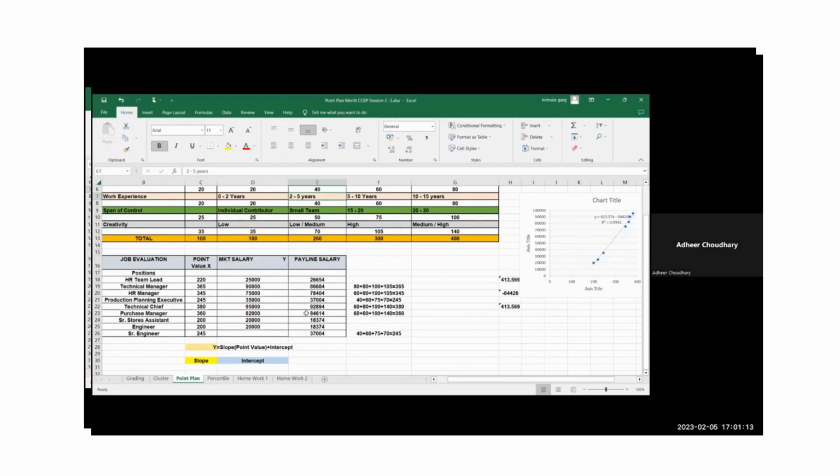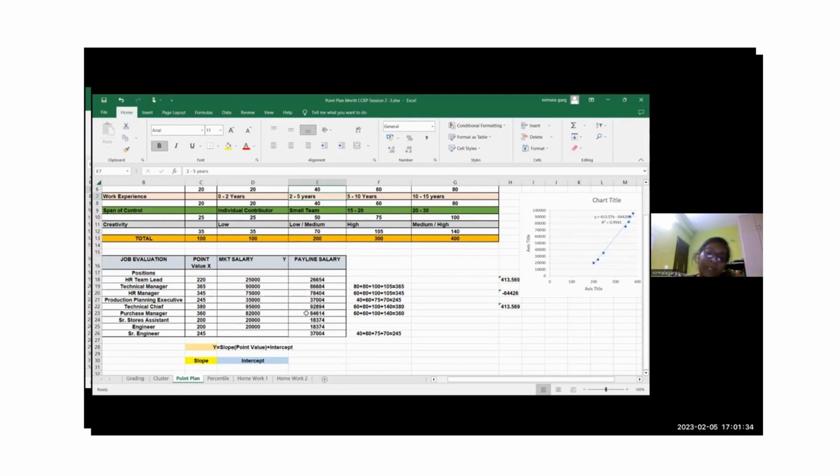So Nirmala, like we did the minimum and maximum depending on the point value and the pay line, that will help us go to particular grades depending on what the organization has. You are also very close. Five grades or six grades.